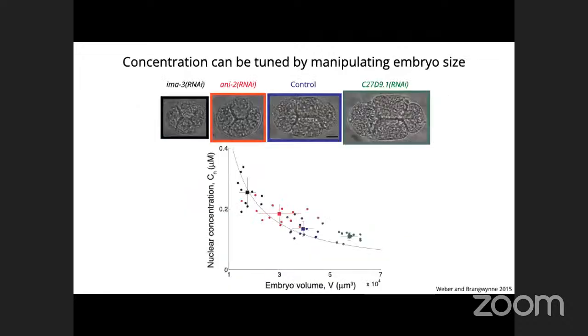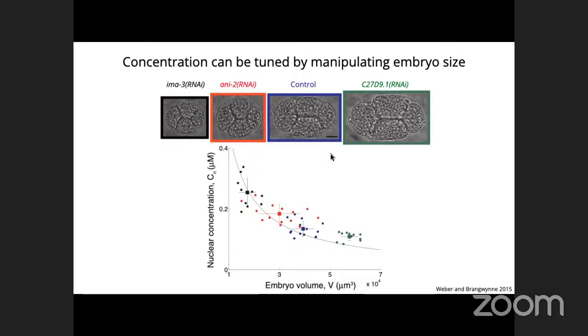Okay, so a convenient thing, and I'm not going to go into the details of how I do it, is that I can manipulate the concentration of all of the proteins inside the nucleus by changing the size of the embryo. So small embryos have a high concentration. This is the concentration of my favorite protein in the nucleus, and this is the embryo volume.